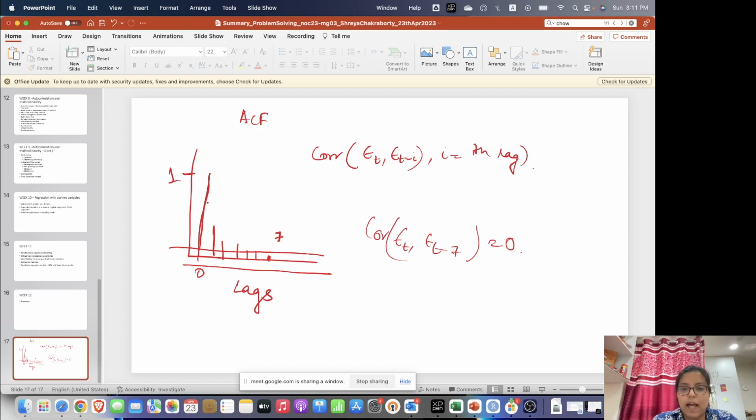So that is going to determine the moving average process, MA(q). Here, if I count 1 2 3 4 5 6, beyond 3 everything is falling within the bounds. So it would be a moving average process of lag 3.